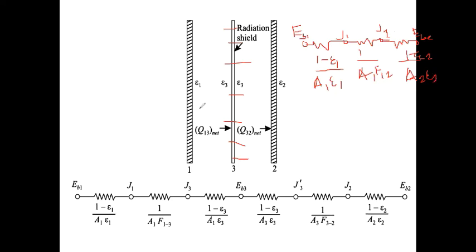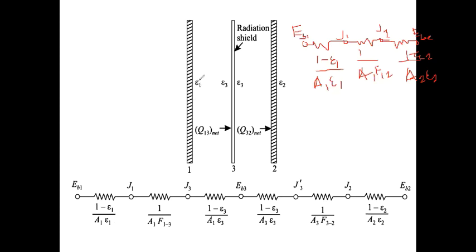Now if we use the radiation shield, on both sides we consider the emissivity of the shield to be epsilon 3. First, the surface resistance of body 1 is similar to the previous one, (1 minus epsilon 1) divided by A1 epsilon 1.